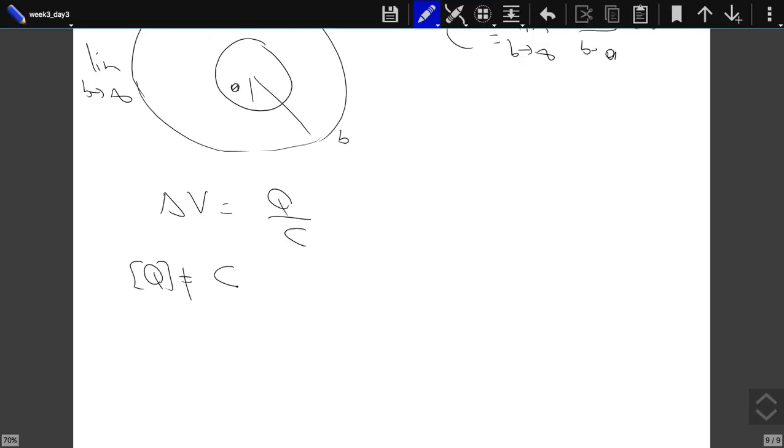We are not using these systems. We are using the unit of Q called the stat coulomb, which is the square root of Newton meter squared. What about delta V?